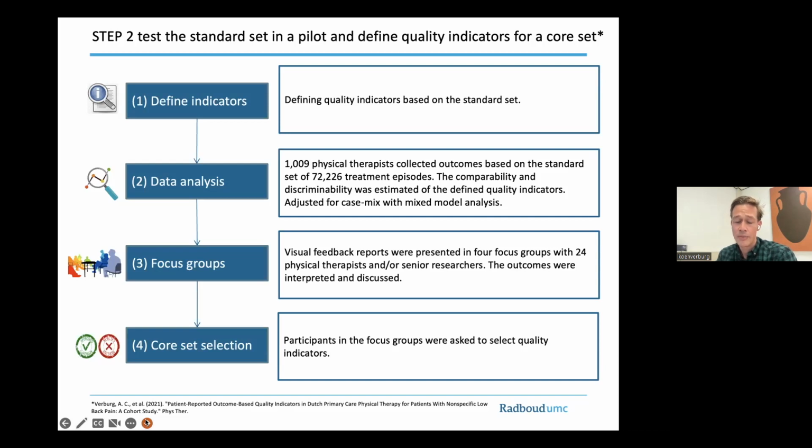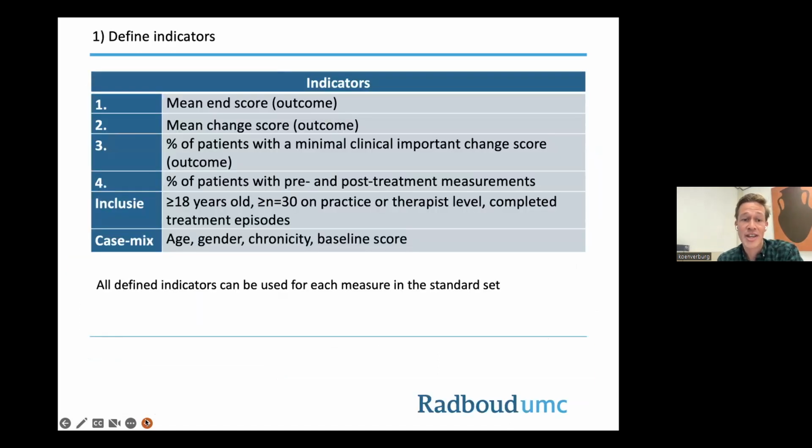We developed visual feedback reports and presented that to physical therapists and senior researchers. And finally, we asked in the focus groups the physical therapists what their selection was for a final core set of quality indicators.